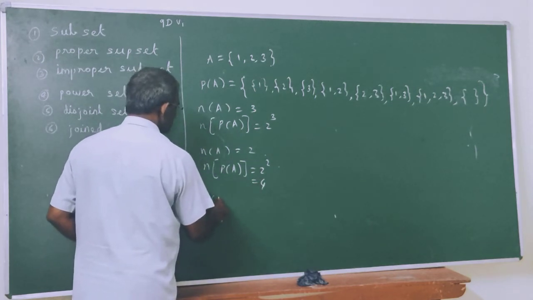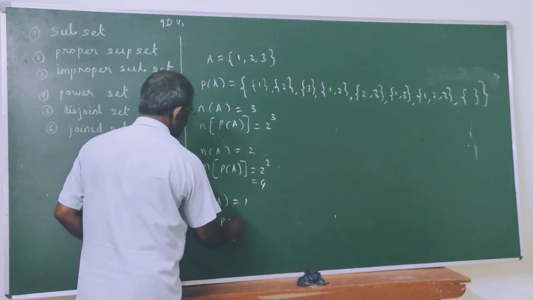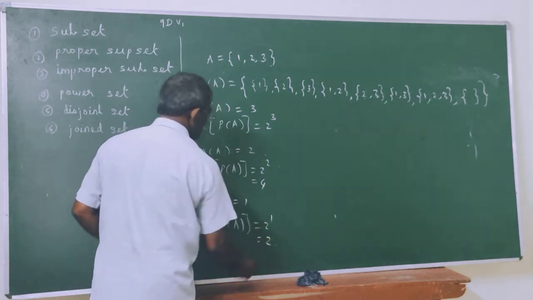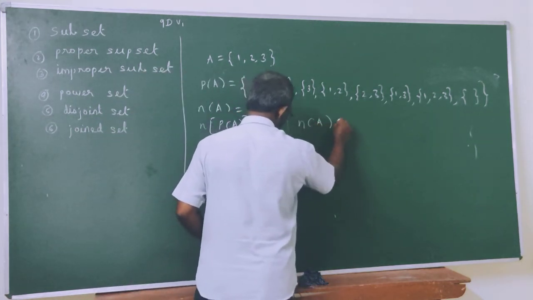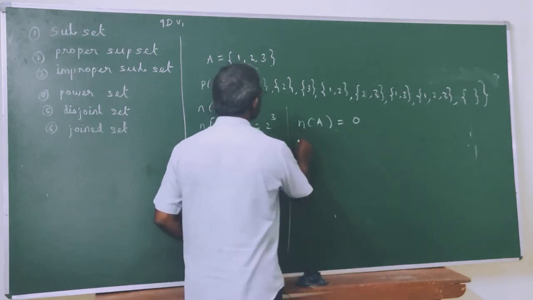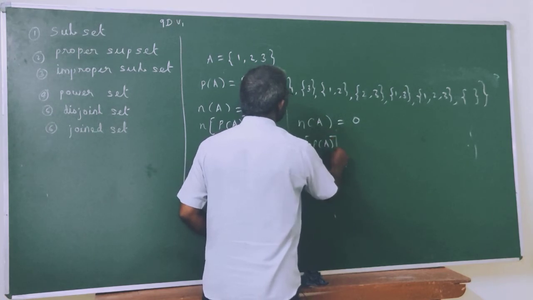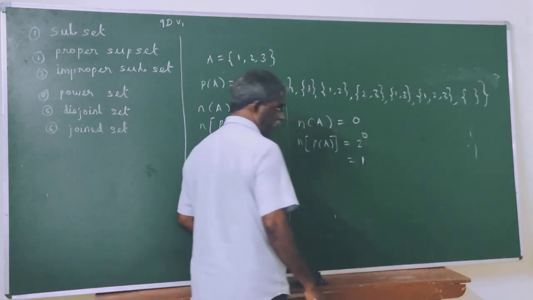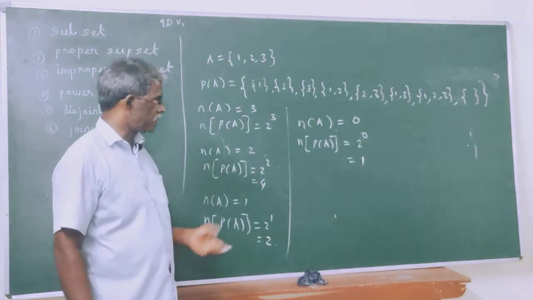If n of A is equal to 1, then n of P of A is equal to 2 power 1, which is 2. Suppose n of A is equal to 0, that means null set, then n of P of A is equal to 2 power 0, which is 1.